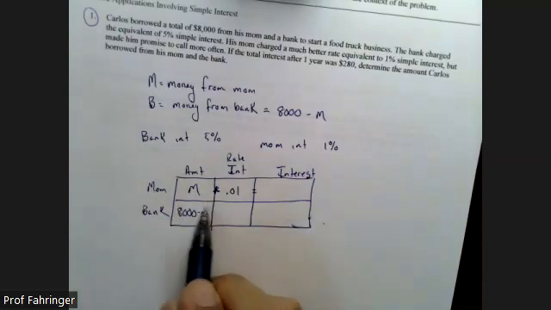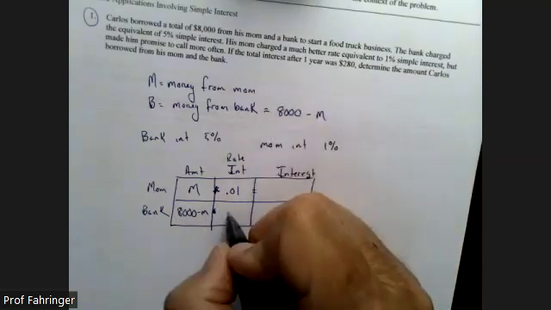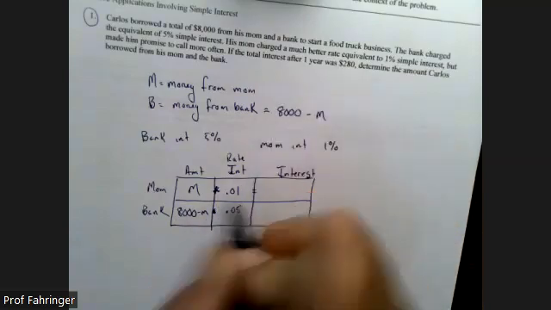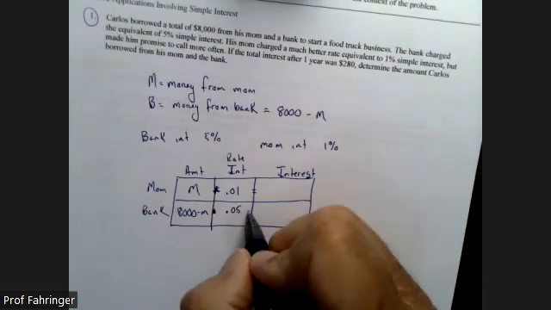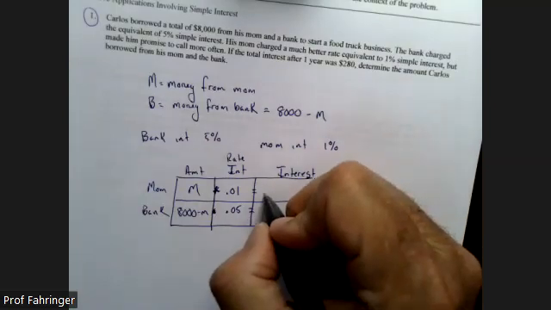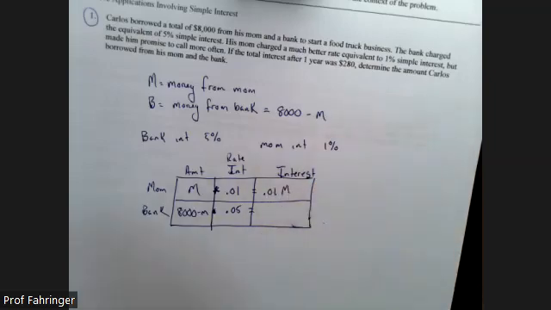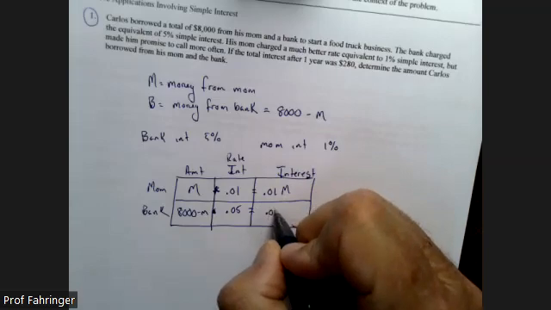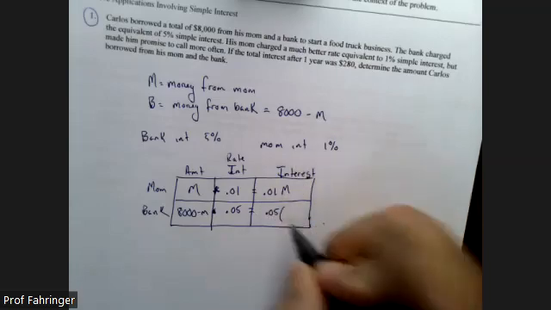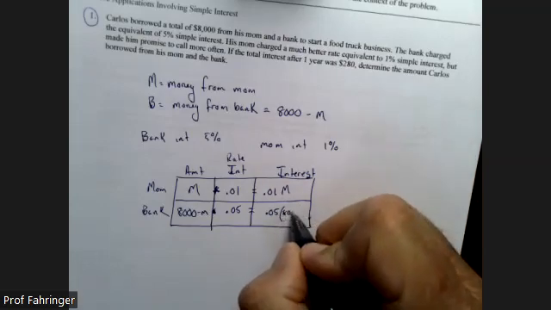Whatever the amount was that he borrowed from the bank, at the end of the year he has to pay 5% interest. So the interest for mom is 0.01 times M. The interest he pays to the bank is 0.05 times 8,000 minus M.